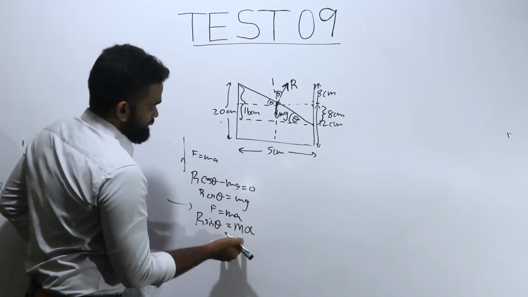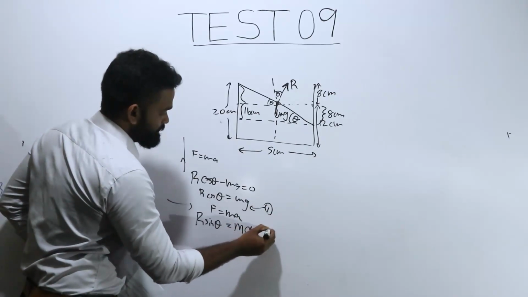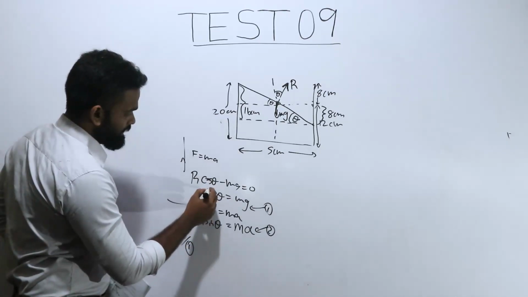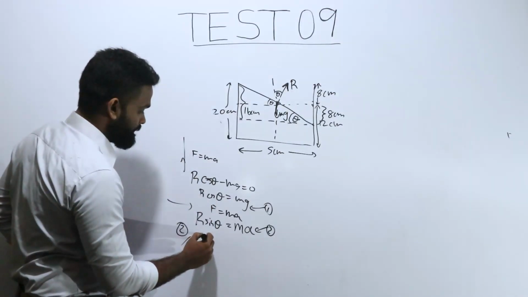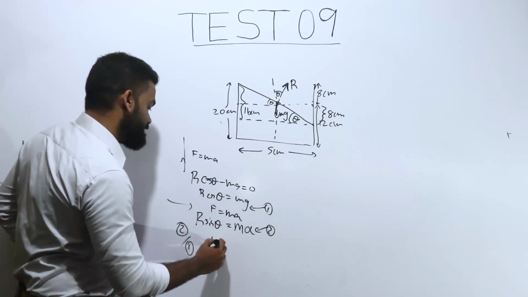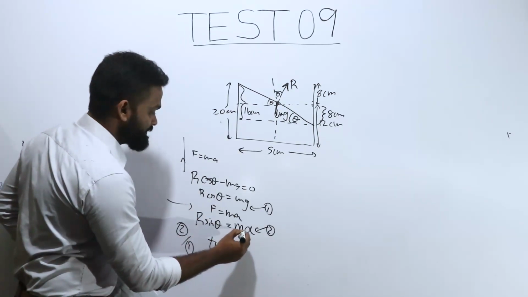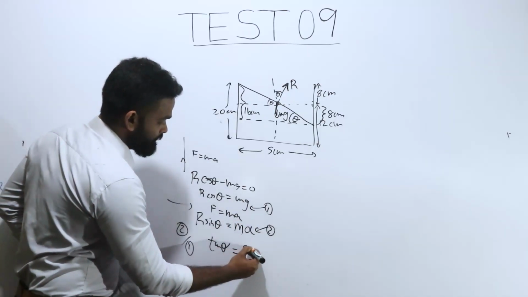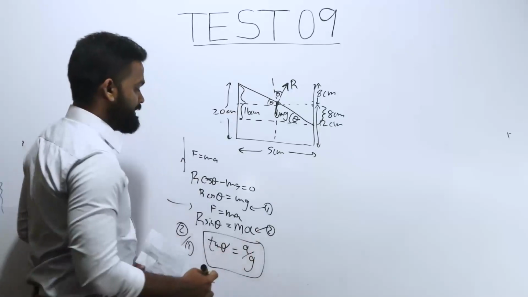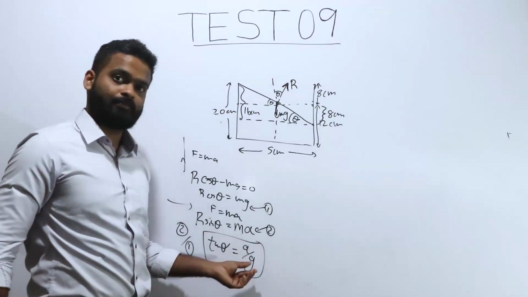Then I'll divide the second equation by the first one. So R sin theta divided by R cos theta. R cancels off, sin theta divided by cos theta is tan theta equals ma divided by mg. M cancels off. So tan theta is simply a over g.